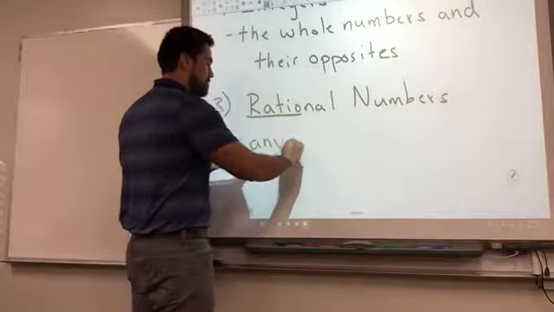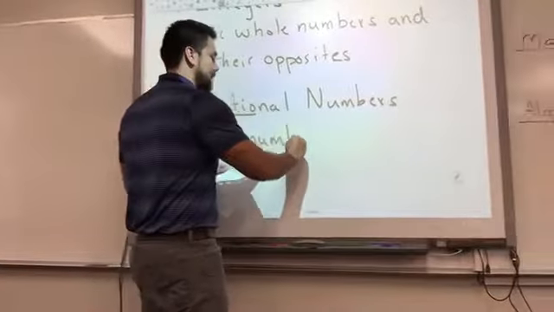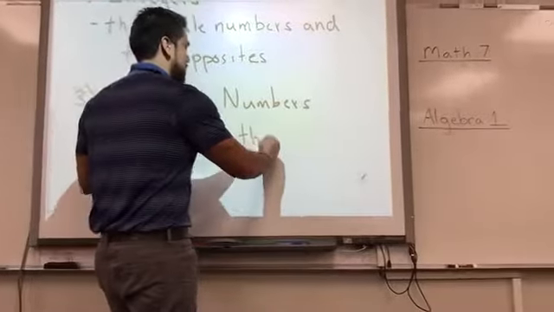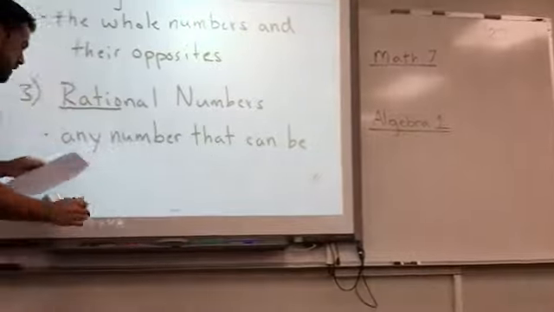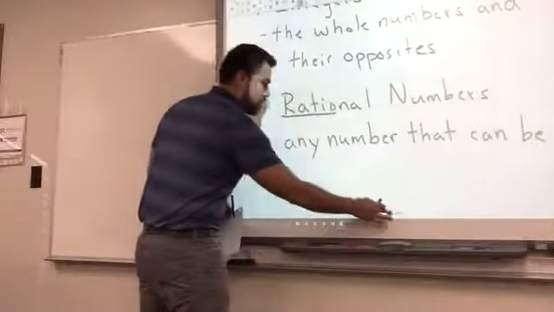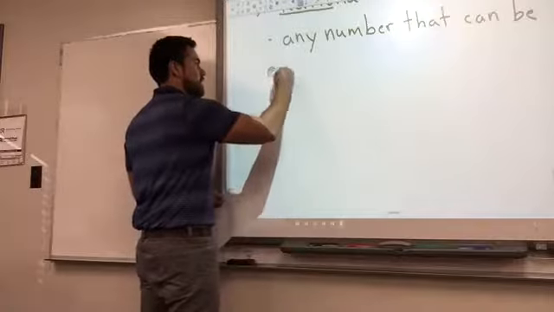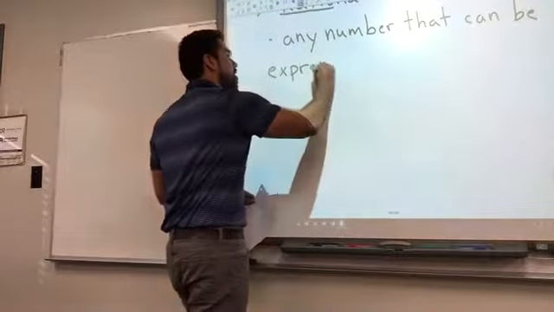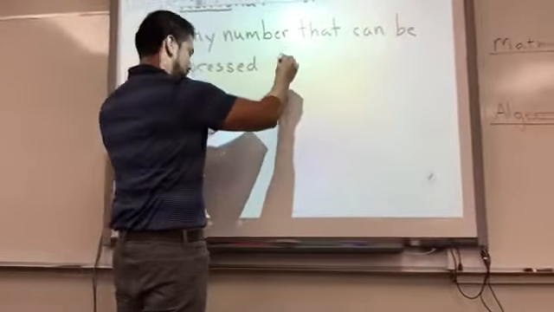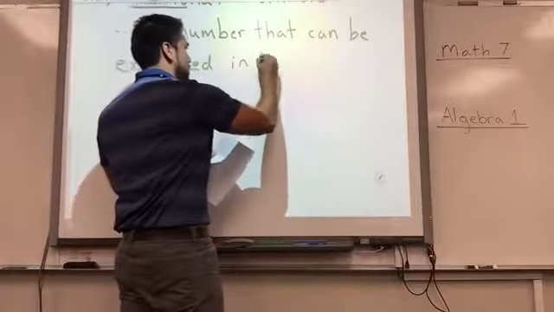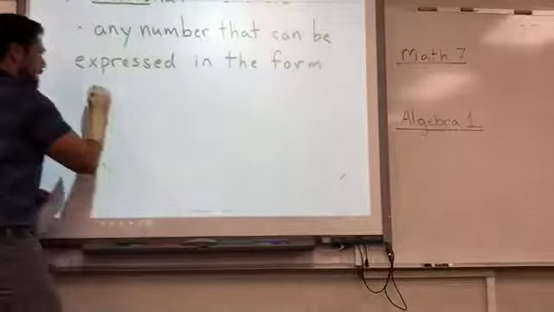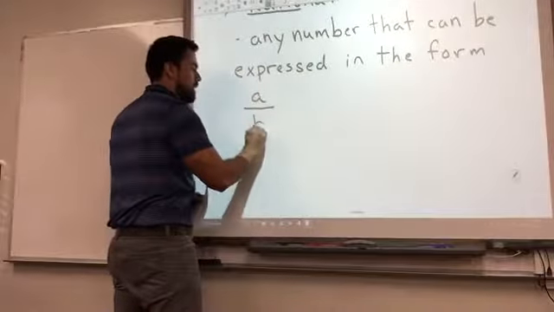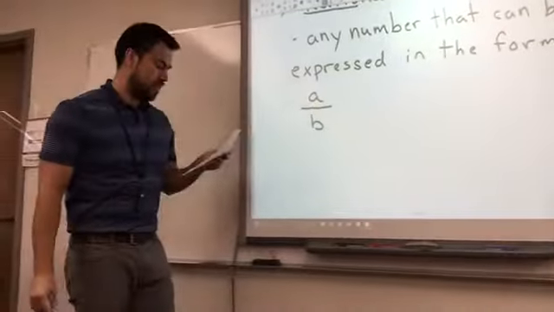Any number that can be expressed. That's a nice word for numbers. In the form A over B. So that's the form.